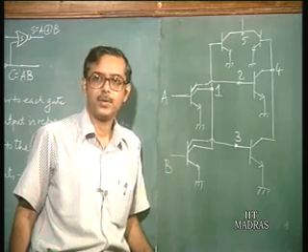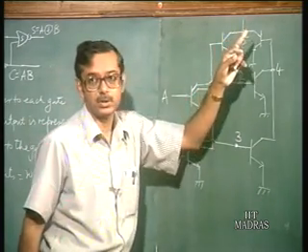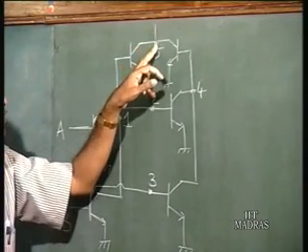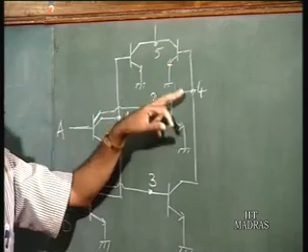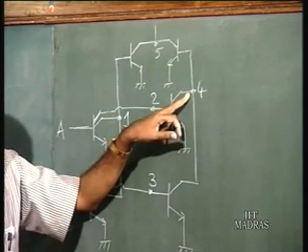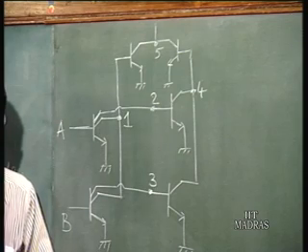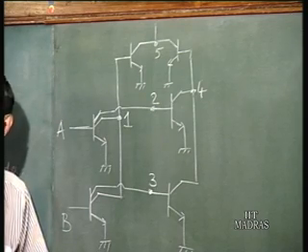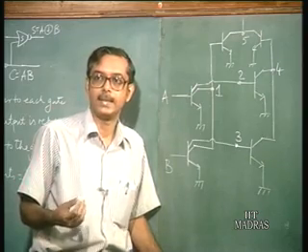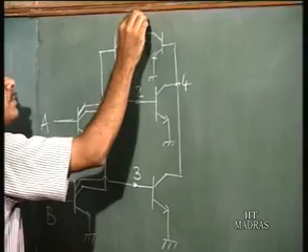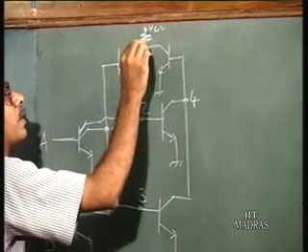Of course, if you want to take outputs, the points 4 and 5 are where you have the carry and the sum logic values. But suppose you want to take an output directly from those points, what do you do? You can put a resistance here and connect it to supply.